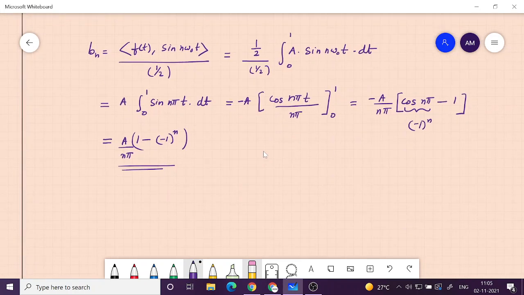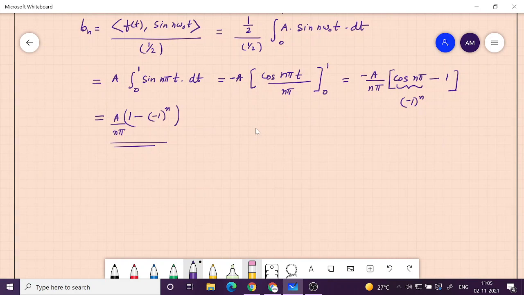So let us substitute values for different values of n. How does it look? When n is even, it is 1 minus 1, so this is 0 for n even, and for n odd it is 1 minus minus 1, which is 2A by n pi.